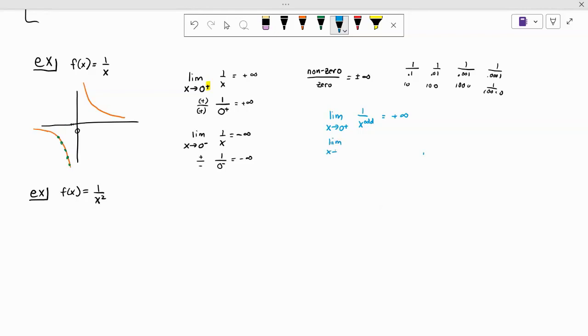However, the limit as x approaches 0 from the left of 1 over x to an odd power, like 1, 3, so in case you forget, odd integers are positive integers like 1, 3, 5, 7, and so on, will be negative infinity. That's because a negative number to an odd power is negative.